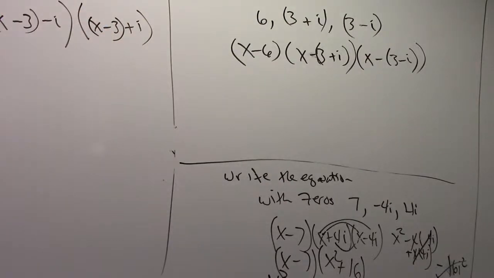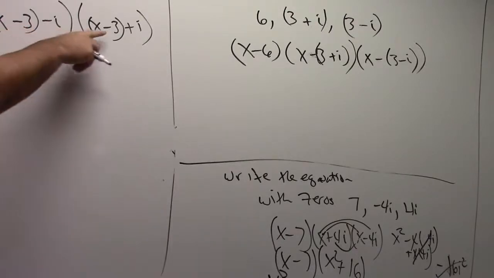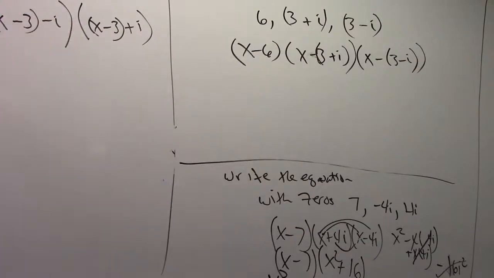But here's what's revolutionary. If you write it this way, it's x minus 6 times, this then becomes the difference of 2 squares: x minus 3 squared minus i squared.